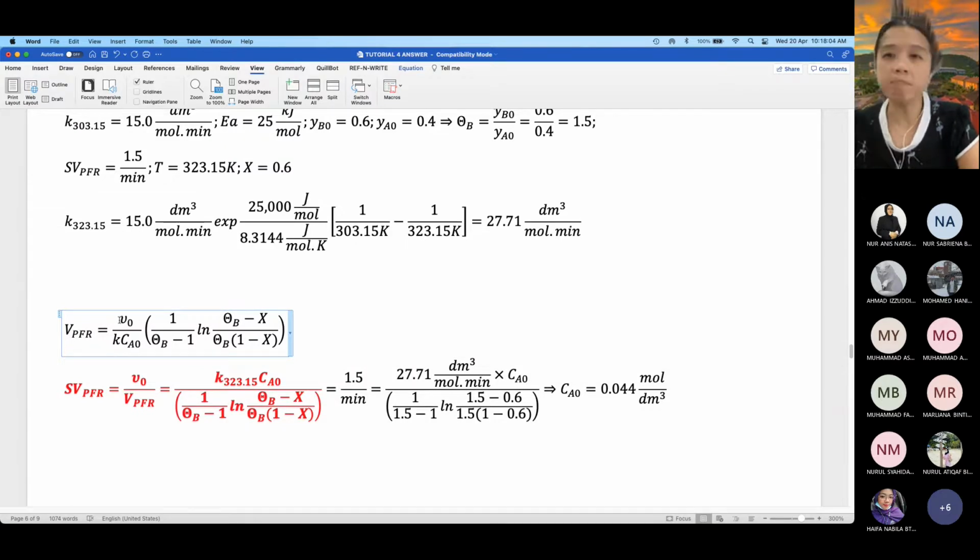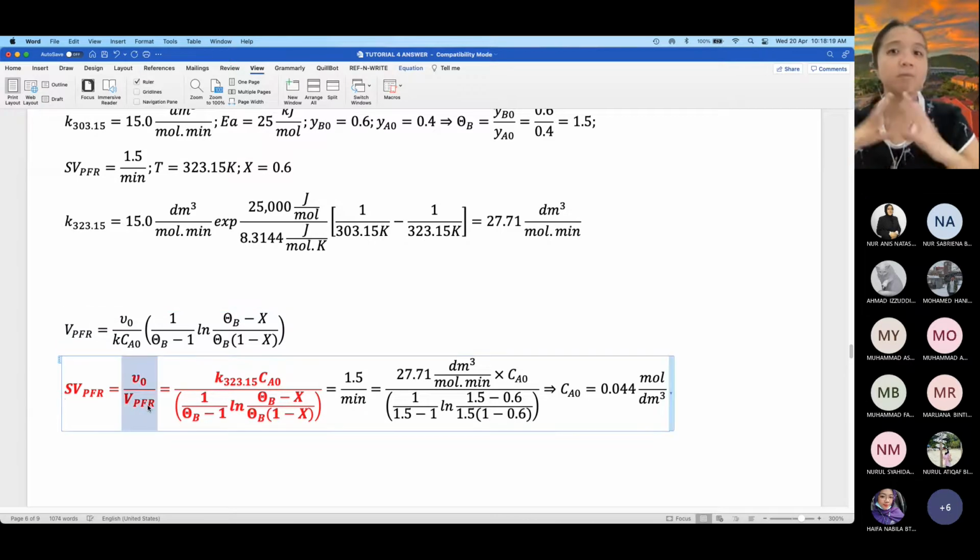If I keep my initial volumetric flow rate on the left side and on the right side I move my volume from left to right, the volume of PFR moves from left to right and becomes the denominator. So it becomes the initial volumetric flow rate over the PFR volume. That is space velocity. I said space time is volume per initial volumetric flow rate, and space velocity is the reciprocal, so it becomes initial volumetric flow rate over volume. So now on the right side I have space velocity.